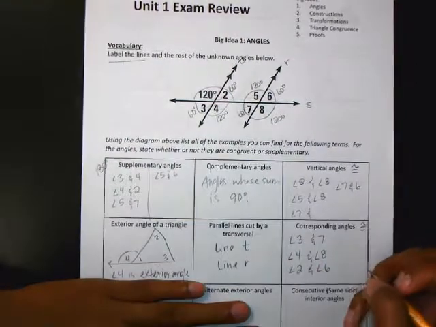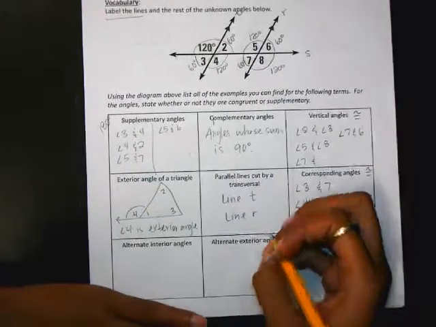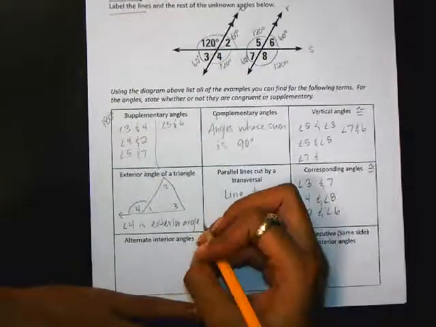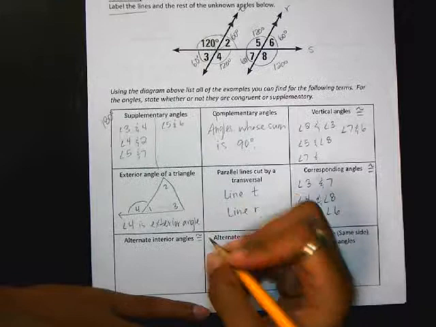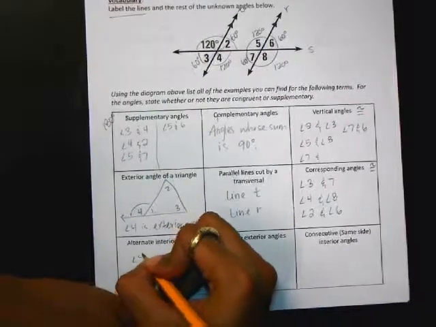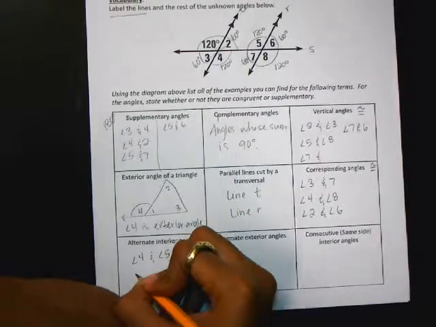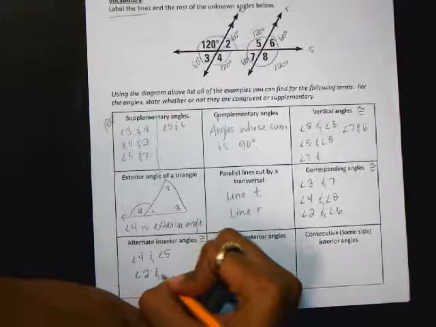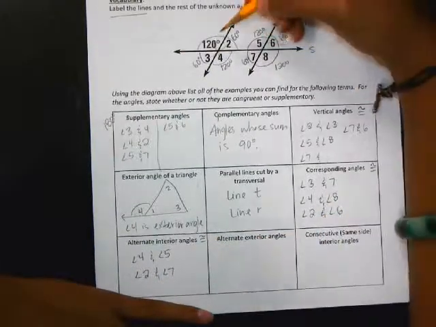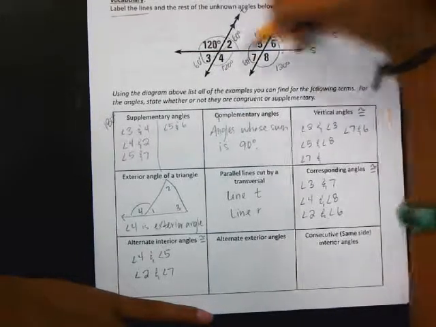Alternate interior angles. Alternate interior angles are congruent. And when I go through this picture and I list them, I can list angle 4 and angle 5. And I can list angle 2 and angle 7. Again, alternate meaning they're on opposite sides of our transversal, which is line S. They're on alternate sides, but they're on the inside of the two parallel lines.